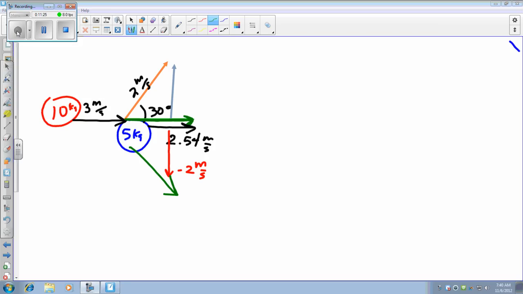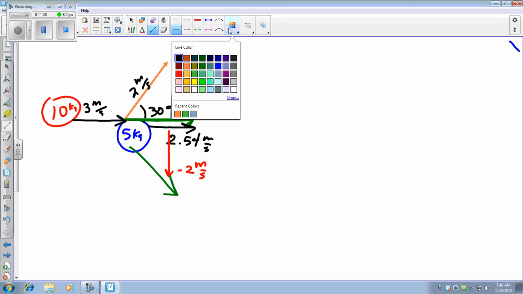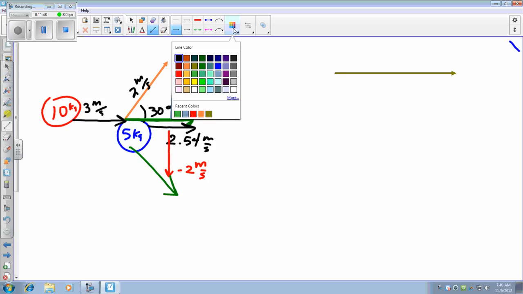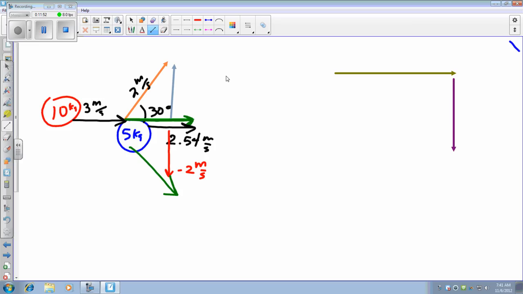In order to find those components, we just need to do a little right angle trig. Now, let's go to a new section in your notebook, a clean section, and let's only think about the 5 kilogram ball. If we consider the 5 kilogram ball by itself, we see that it has a velocity in the x component of 2.54 and a velocity in the y component of -2.